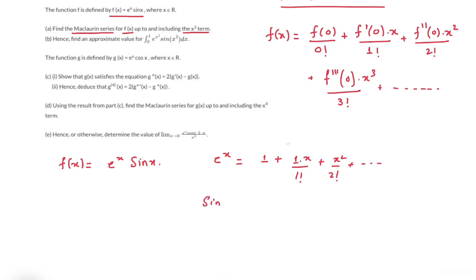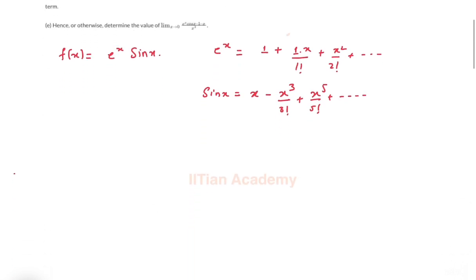In the same manner, you can identify the series of sin x. In fact, you can remember these series. These are important series. And we will get x minus x cube by 3 factorial plus x raised to the power 5 by 5 factorial, in exactly the same manner in which I have identified e raised to the power x.